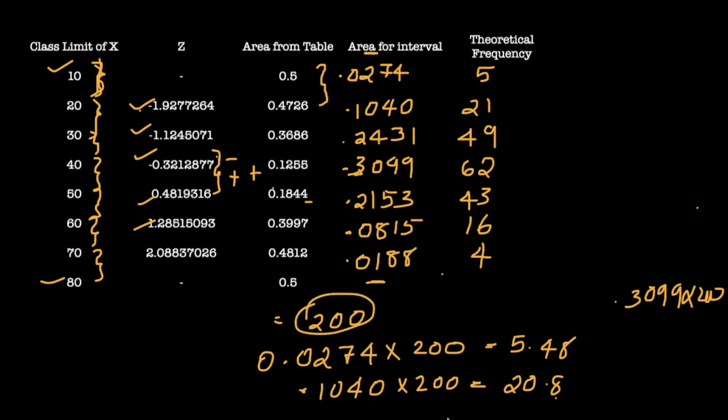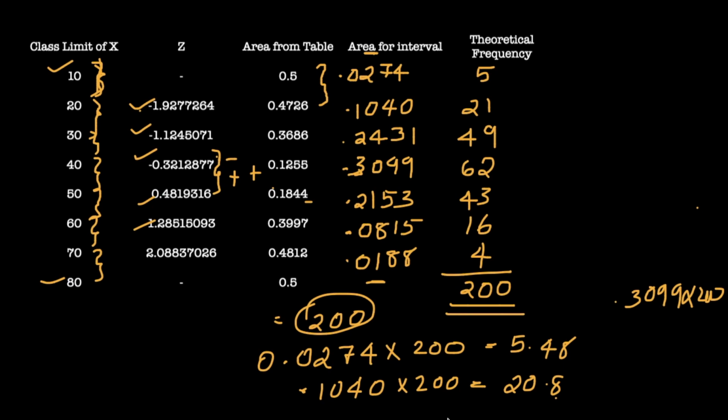When we add, we get 200. So it is correct. So this is our theoretical frequency, and this is how we can fit theoretical frequency for a normal distribution. Hope it was okay and fine. You got an idea about how to fit a normal distribution.